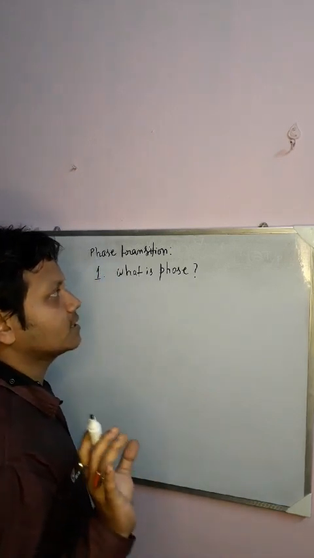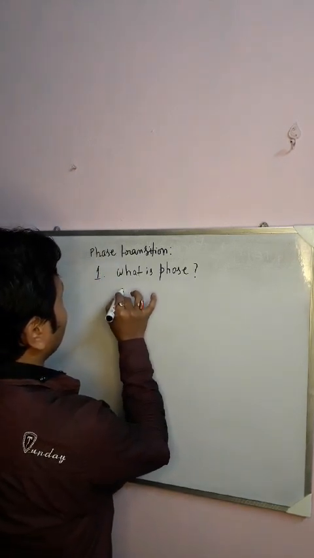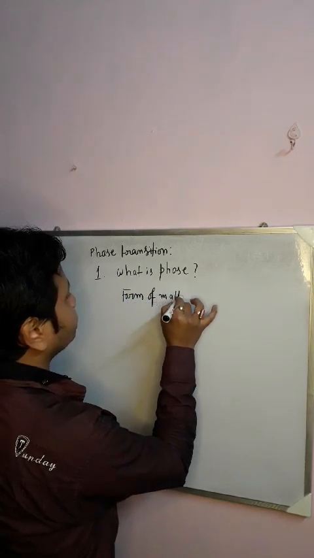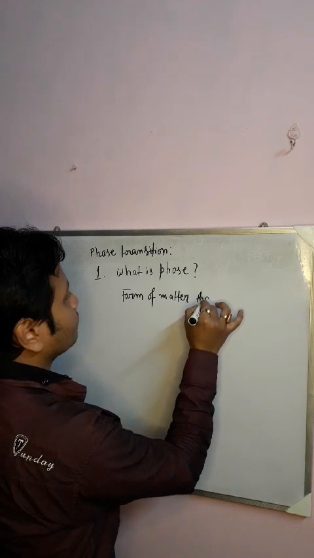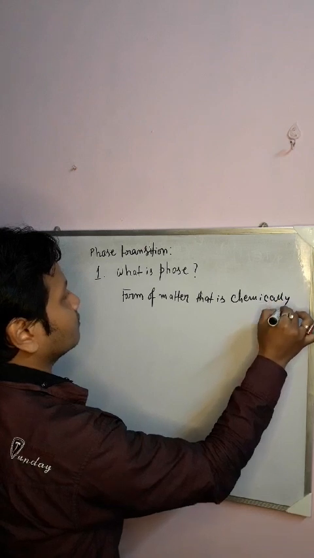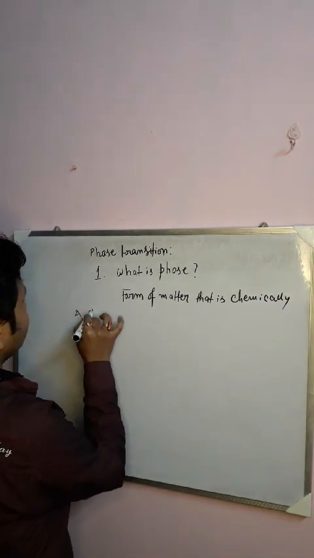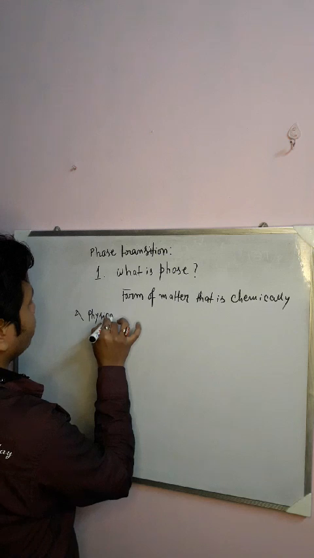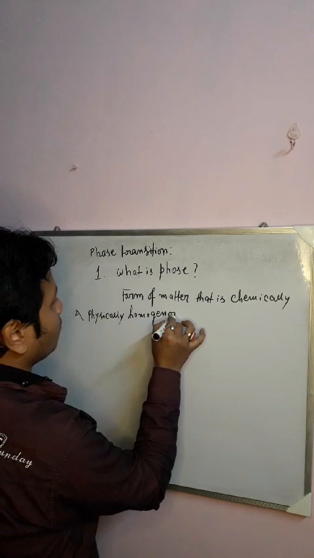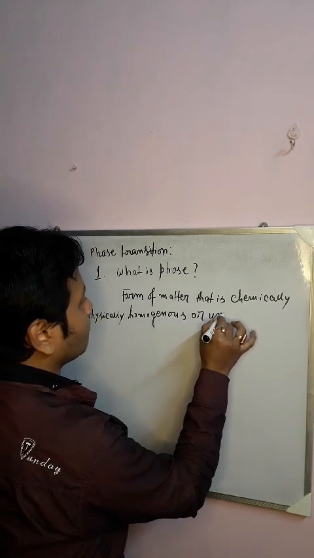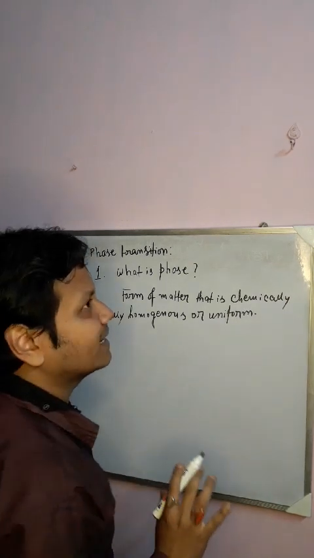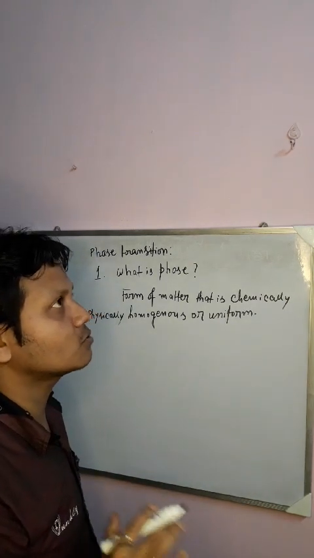So basically it is nothing but a form of matter that is chemically and physically homogeneous, or you can say uniform. Okay, so it is a form of matter that is physically and chemically homogeneous or uniform.